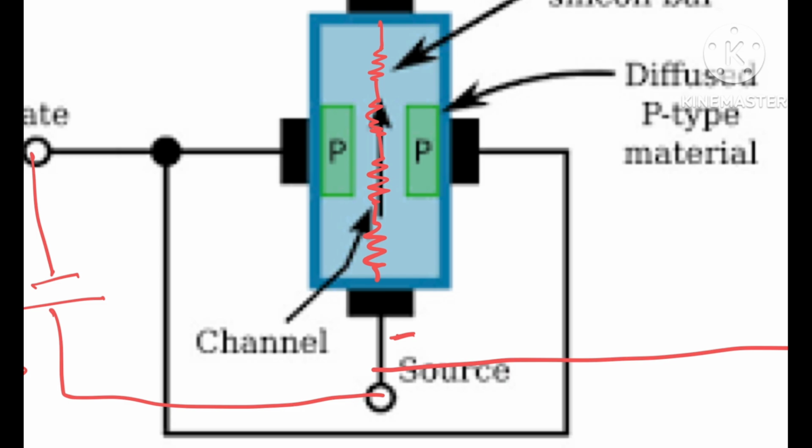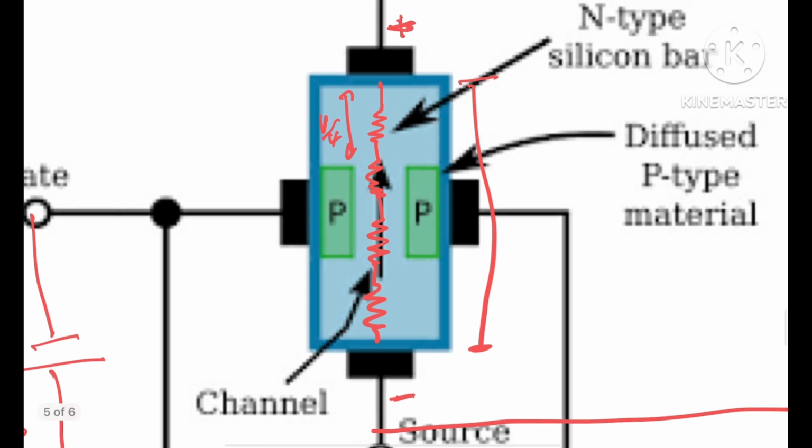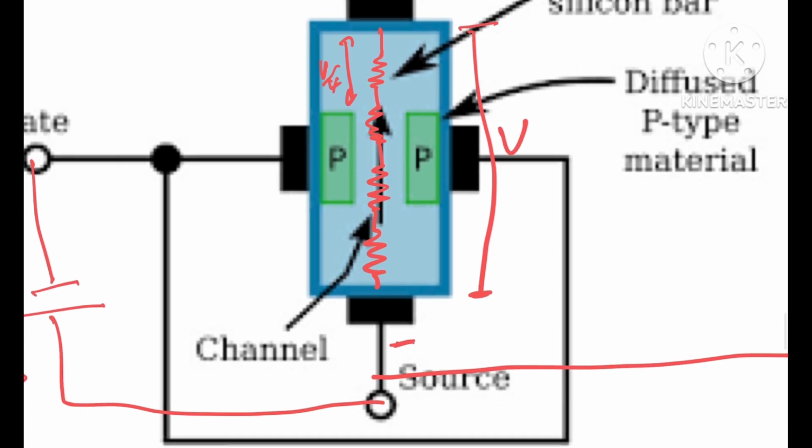So the voltage here would be V by 4. If the voltage across this entire V_DS is V, the voltage will be V by 4, then V by 4, then V by 4, and then V by 4.